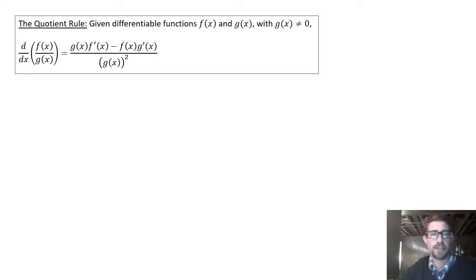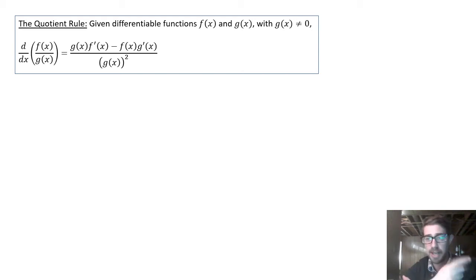So it's g of x times f prime of x minus f of x times g prime of x all over g of x squared. I know that looks complicated, but calculus students since the beginning of time have had to memorize this formula, so don't complain. So it's the bottom times the derivative of the top minus the top times the derivative of the bottom all over the bottom squared.